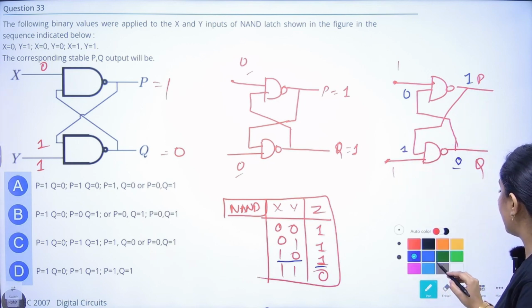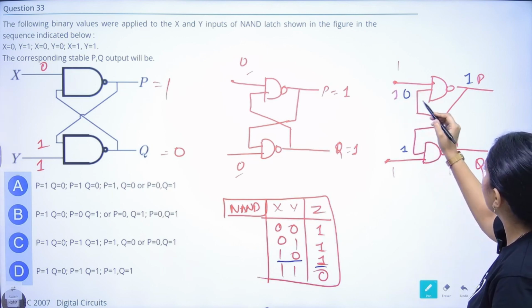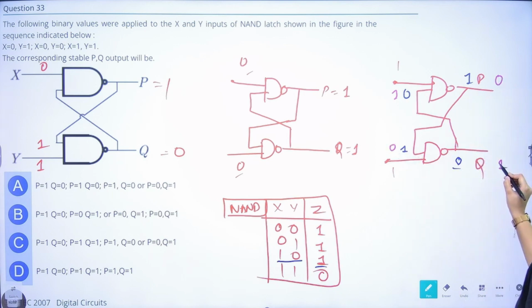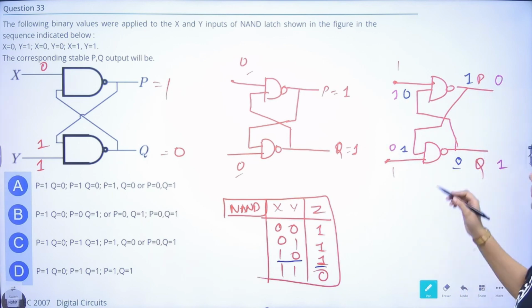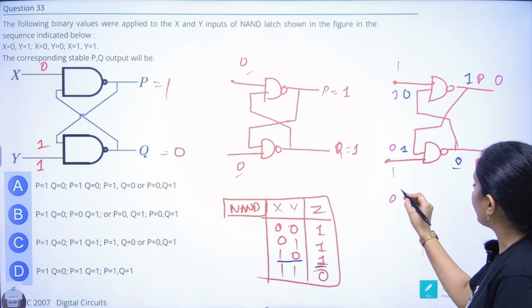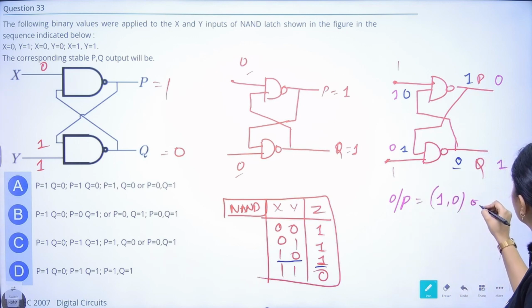If I take the other case, where this value should be 1. So this 1 will go here, 1 and 1 will become 0 and this 0 will come here, 1 and 0 will become 1. So this is also stable. So in this case, when inputs are 1 and 1, either output can be 1 0 or 0 1.